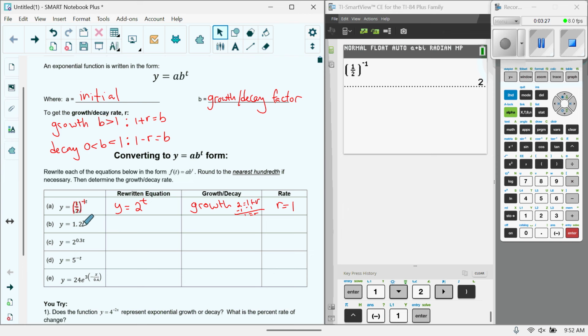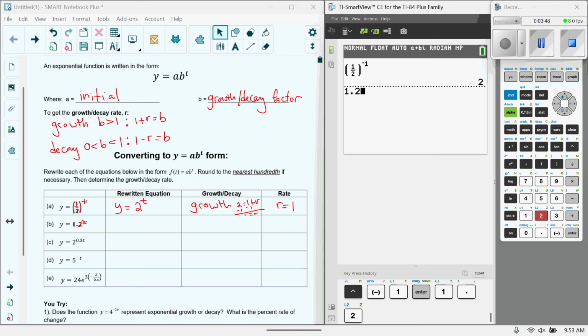You don't have just 1.2t. 1.2 to the t power is exponential growth. No idea what 1.2 to the 3t is. So you're going to take your base, and you're going to take the coefficient in front of the variable exponent, and you're going to put it in the calculator. 1.2 to the third power tells me it's 1.728.